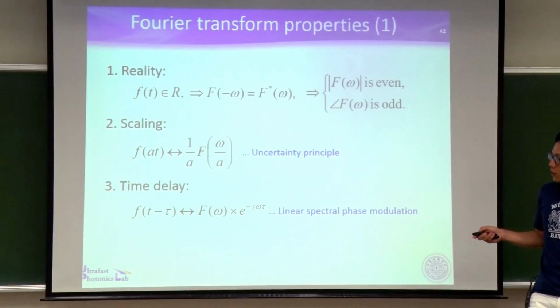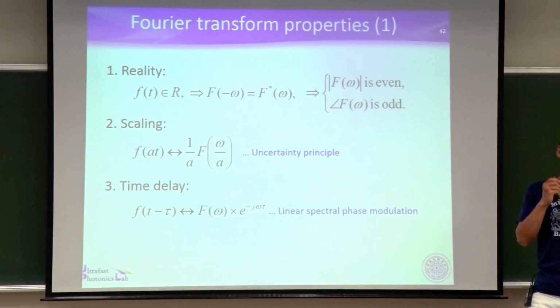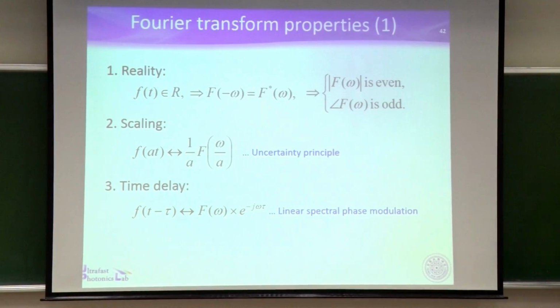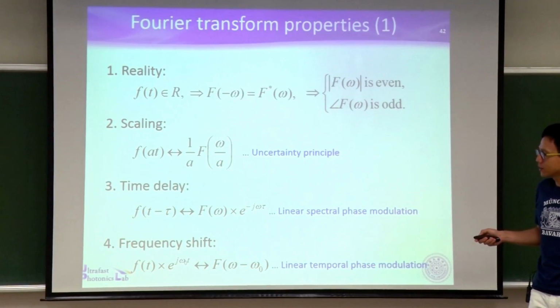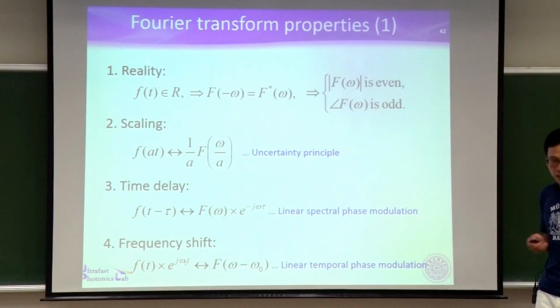So simply speaking, a shift in the time domain is equal to a linear phase modulation in the frequency domain. Okay? So that's the interpretation. And you can have a very similar counterpart, frequency shift. This time, if you shift the frequency domain function by an amount of omega 0, what do you have in the time domain?